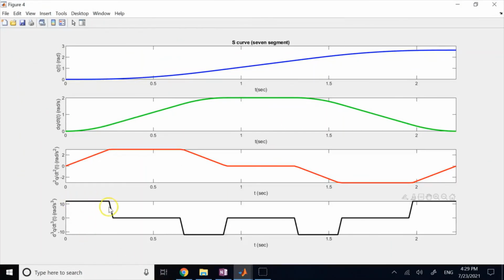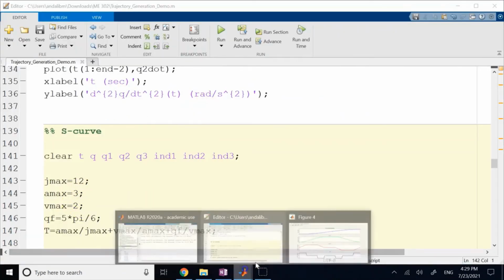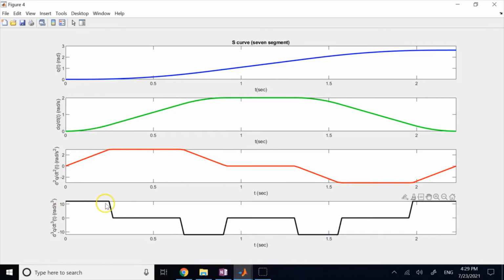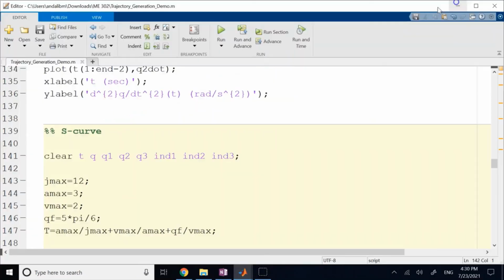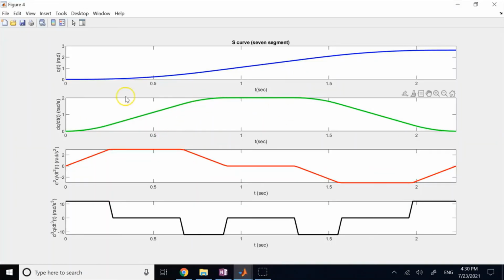So you see constant jerk, 0 jerk, constant jerk, 0 jerk, constant jerk, 0 jerk, positive jerk, max. Here your jerk max is 12, and you can see the number here is 12 also. Then your max velocity is 2, and your max acceleration is 3.